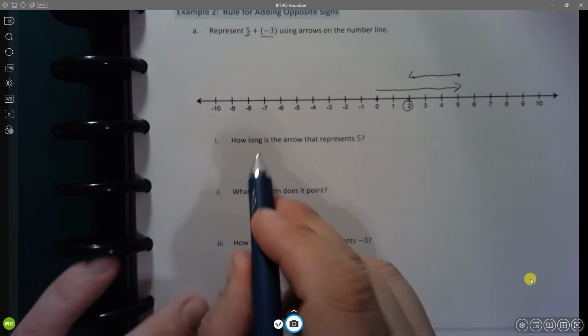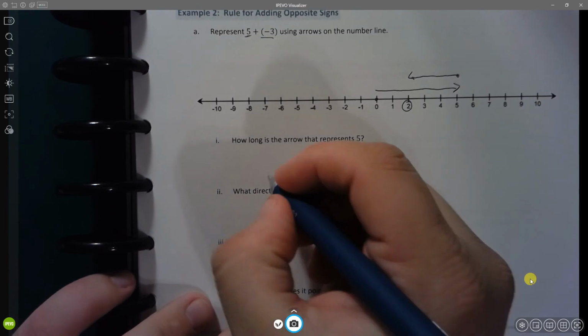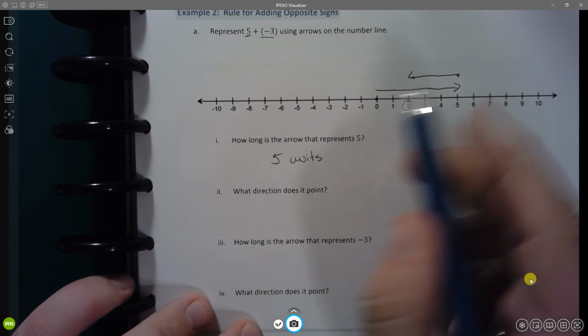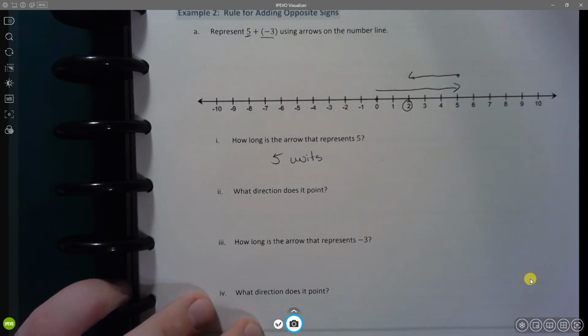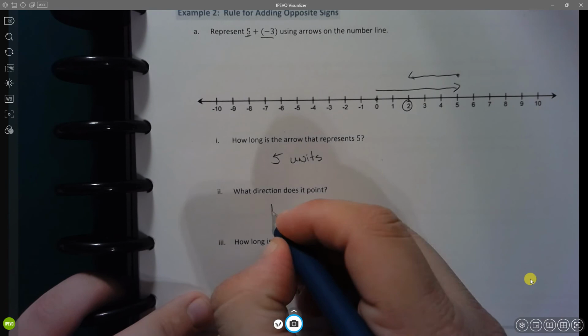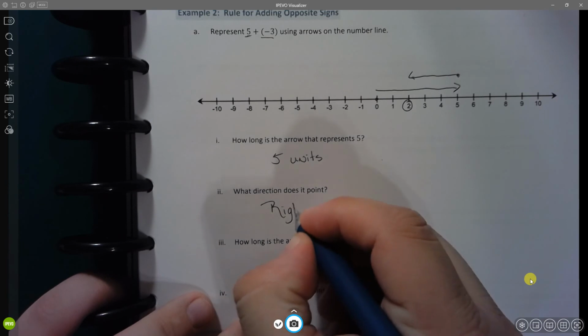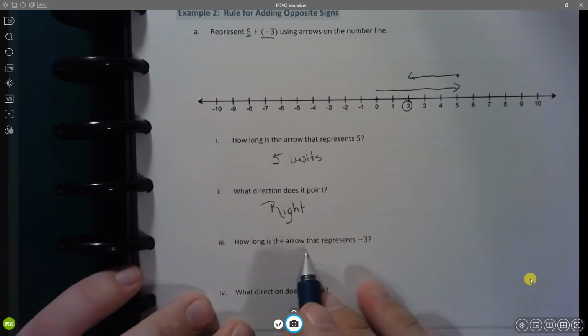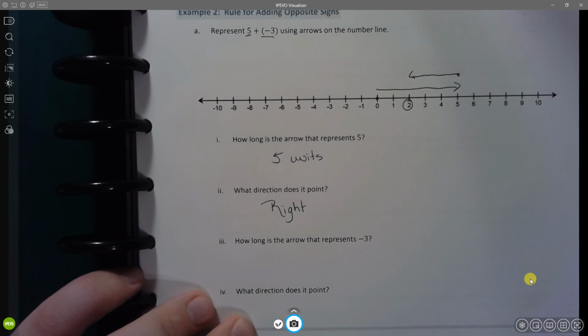How long is the arrow that represents 5? Well, that's 5 units because it's 0 to 5. What direction does it point? Well, we just wrote that, so the direction is right. How long is the arrow that represents a negative 3? Is it negative 3 units? No, it's not, because we have talked about this.